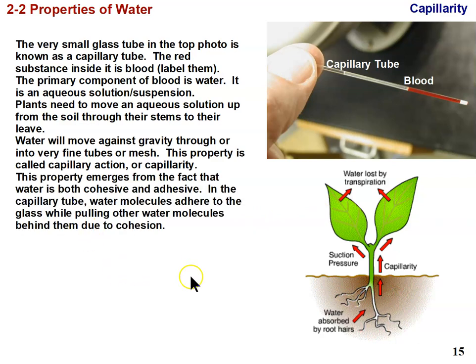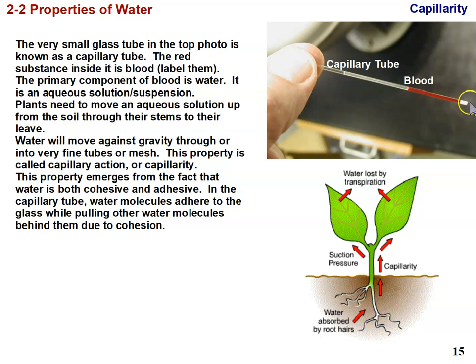This property is an emergent property, just like all the properties of water are emergent properties from the fact that it's polar and forms hydrogen bonds. This property of capillarity emerges from the fact that water is both cohesive and adhesive. So the water is adhering, like in the capillary tube here, the water is adhering to the glass of the tube, and as the water molecules stick to the glass of the tube, they're also pulling water molecules behind them.